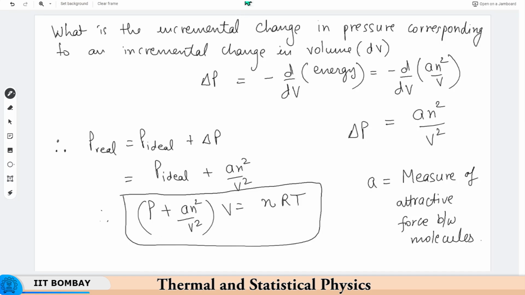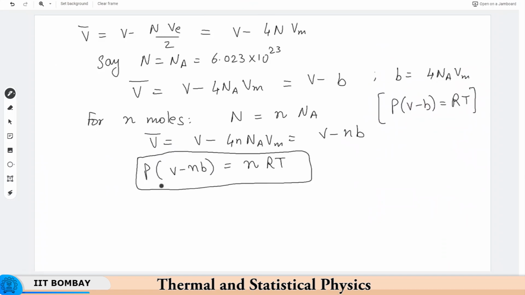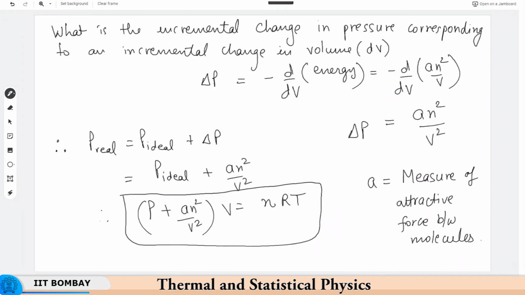So now you can see that we have made two corrections to the ideal gas. The first, the correction term for volume looks like V minus nB, and the correction term to pressure looks like P plus a n squared by V squared.